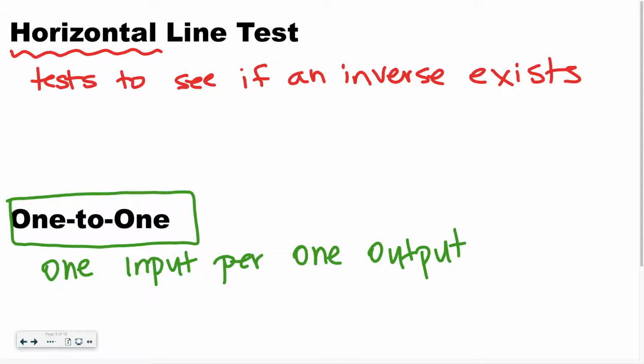Okay, but you could read it either way. It passes the horizontal line test, it passes the vertical line test. Okay, an example of a one-to-one function would be y equals x cubed. Okay, it passes the vertical line test and the horizontal line test. So it is a function and it has an inverse that's a function. Okay, so we say that it's one-to-one.